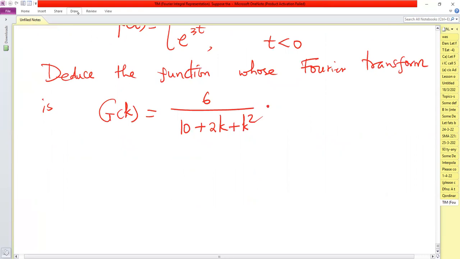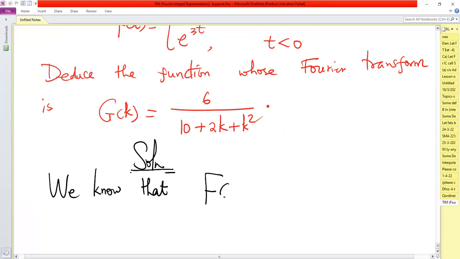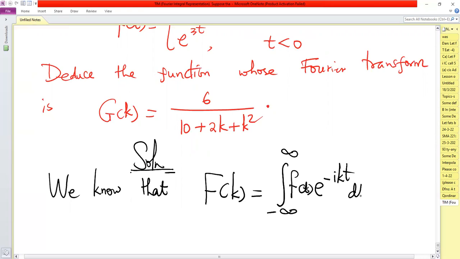So, solution. We know that the Fourier transform of any function f is given by the integral from minus infinity to positive infinity of f(t)e^(−ikt) dt. This is by definition.